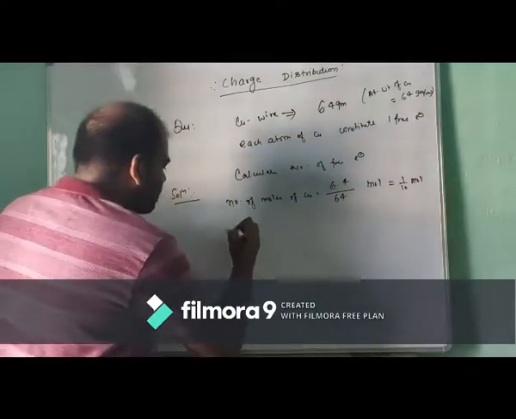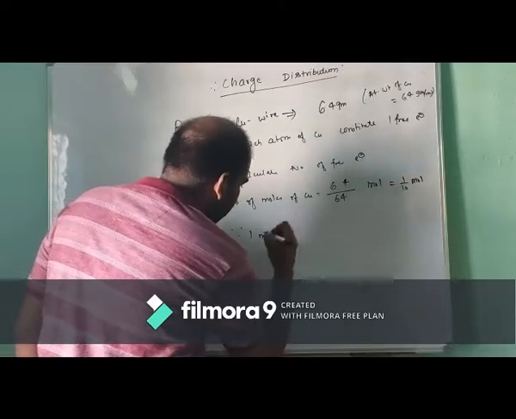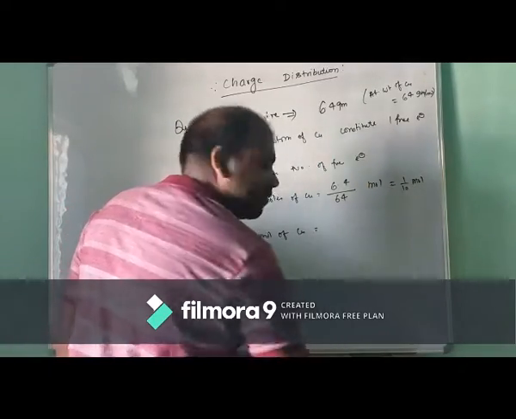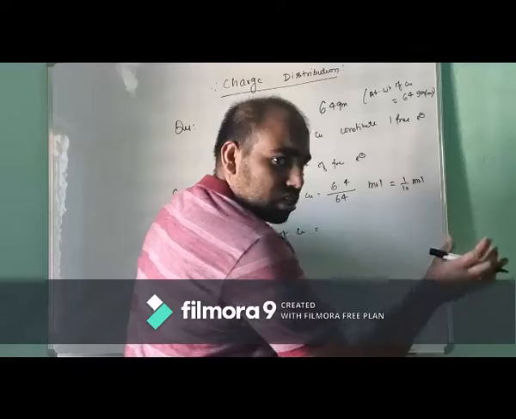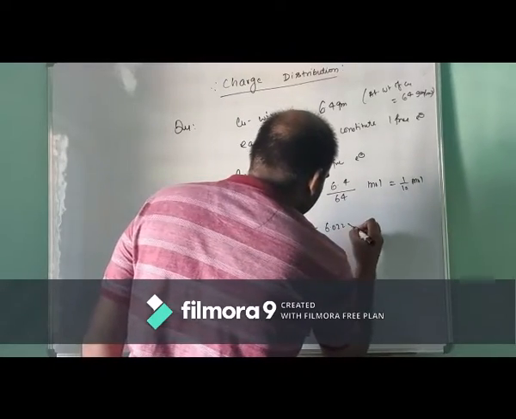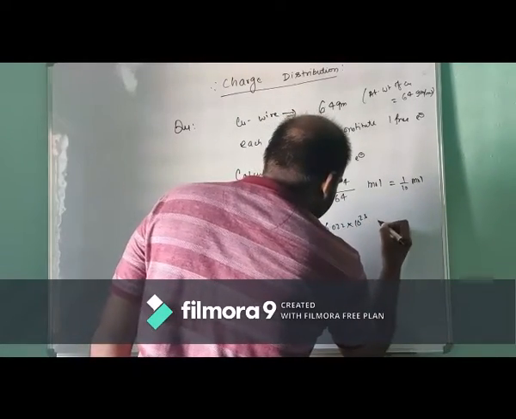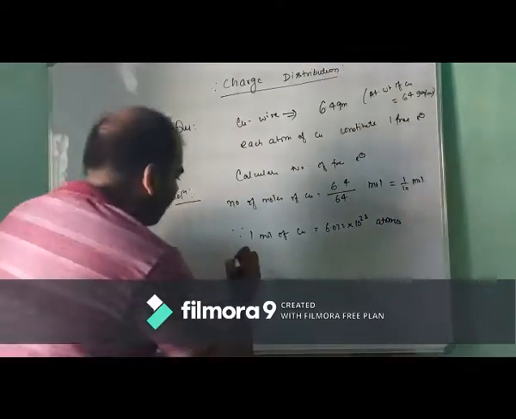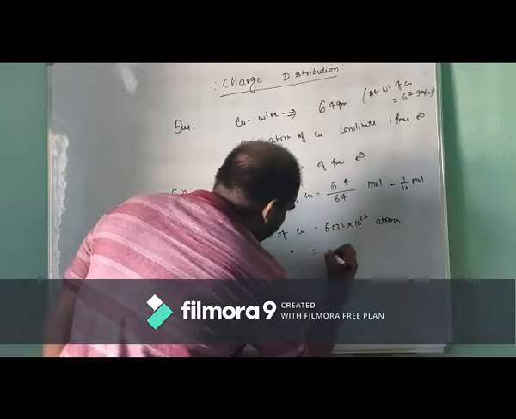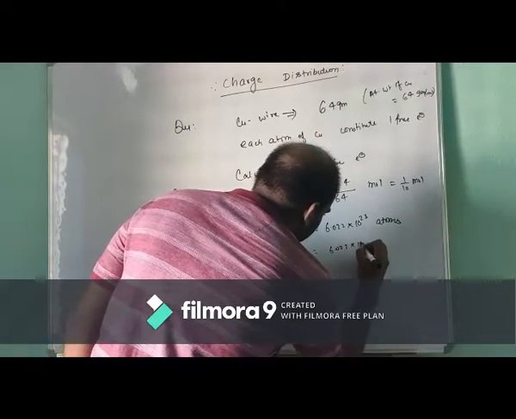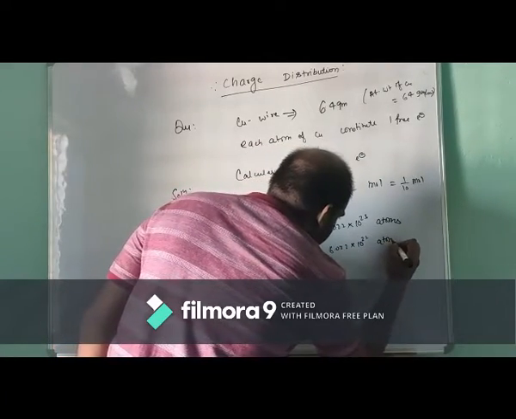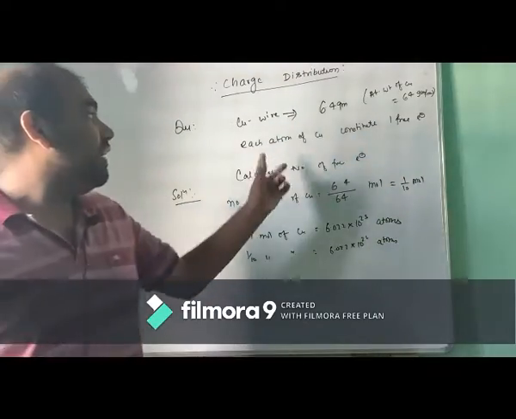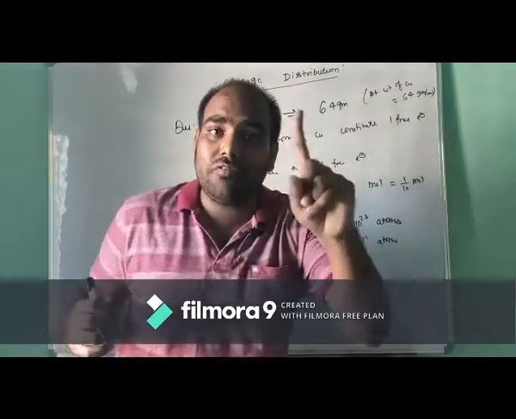And you know, since 1 mole of copper has Avogadro number of atoms, that is 6.022 into 10 to the power 23 atoms, 1/10th mole of copper will have 6.022 into 10 to the power 22 atoms. What is given? Each atom contributes 1 free electron.